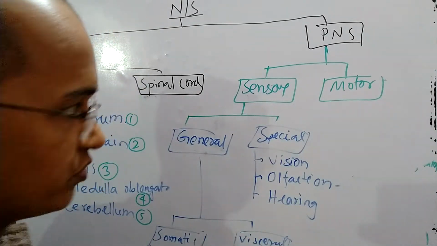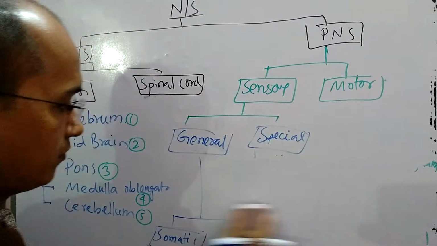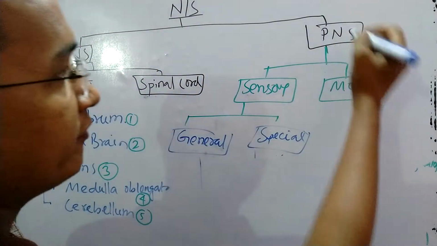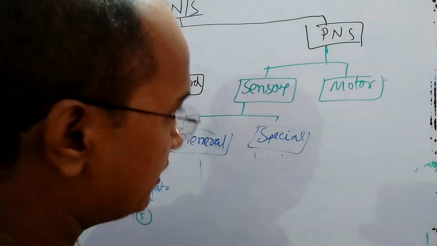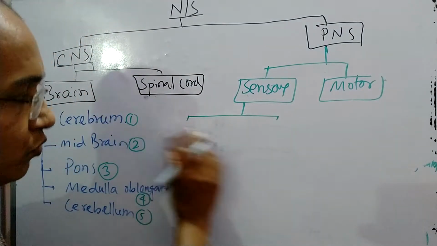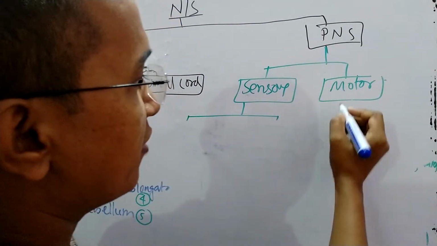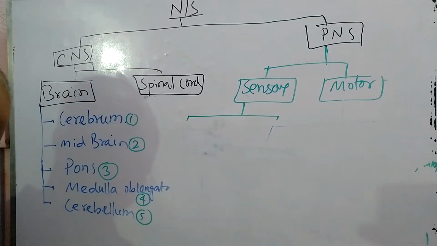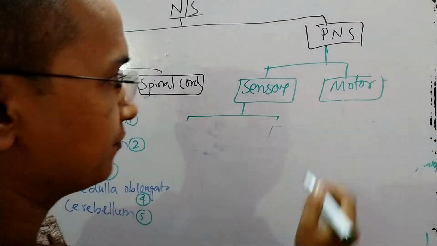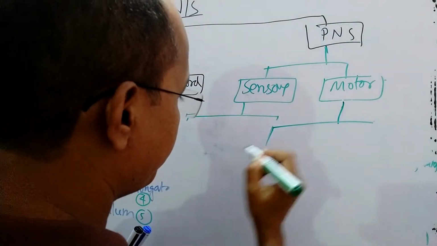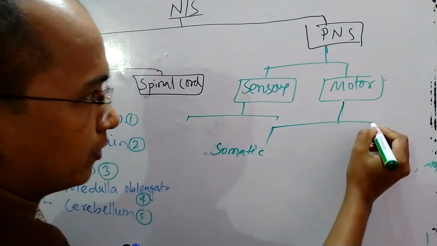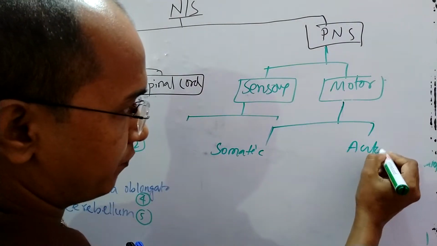Now, the motor system. The motor system of peripheral nervous system can be divided into two groups. Number one, somatic, and number two, autonomic.